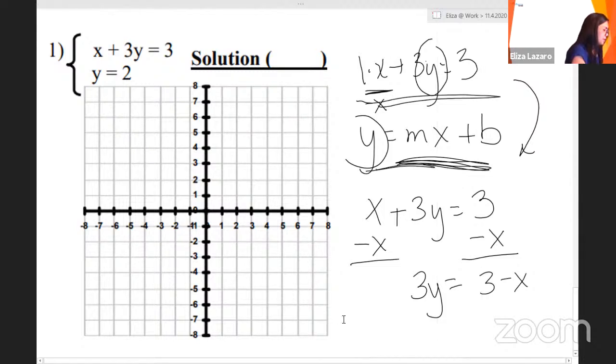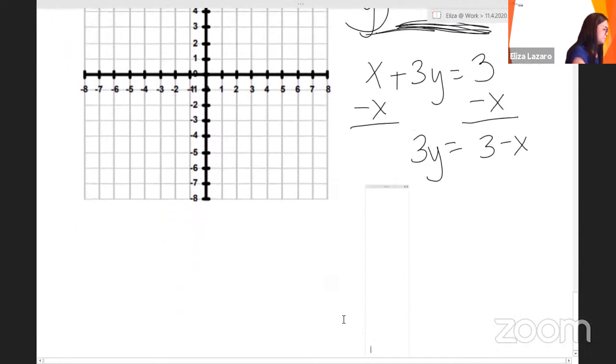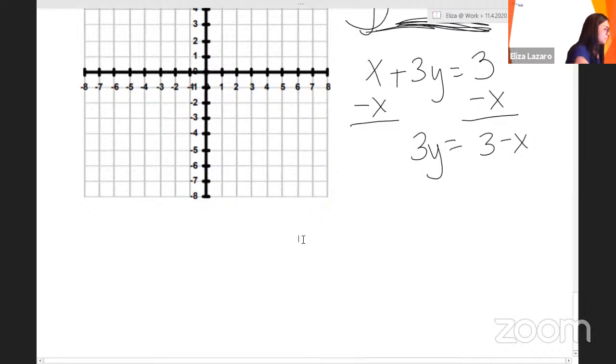And then, again, I'm trying to isolate y by itself. And to do that, I have to get rid of this 3 that's attached to that y. And 3y is really just 3 times y. And to get rid of the multiplication, you divide it by that number. So I'm going to divide this by 3 to get rid of the 3.